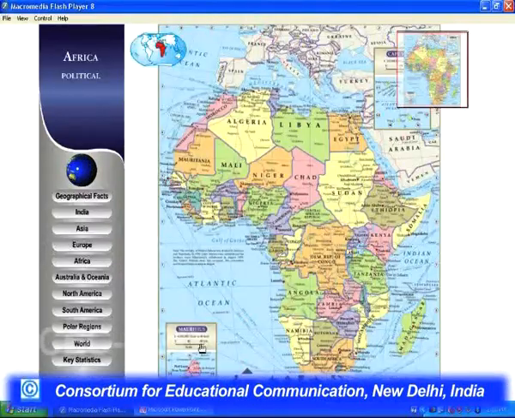Friends, Africa continent, known as dark continent. Dark continent because as compared to other continents, Africa was developed very late.